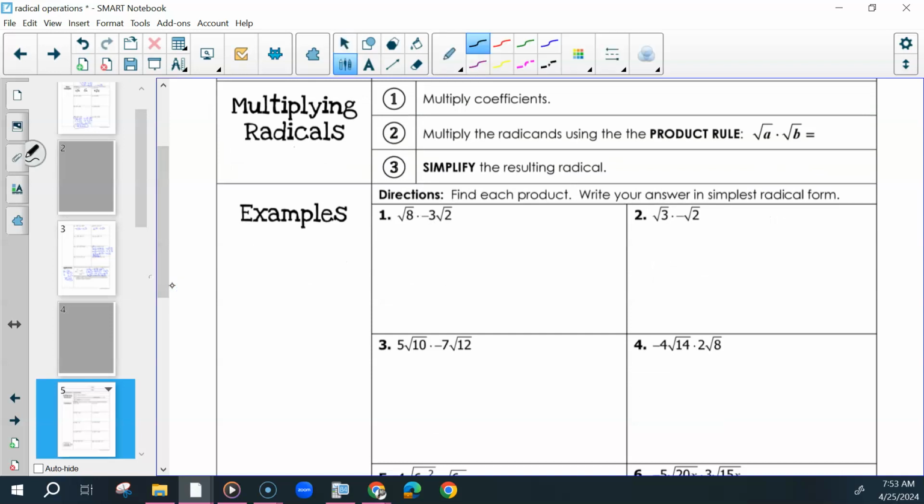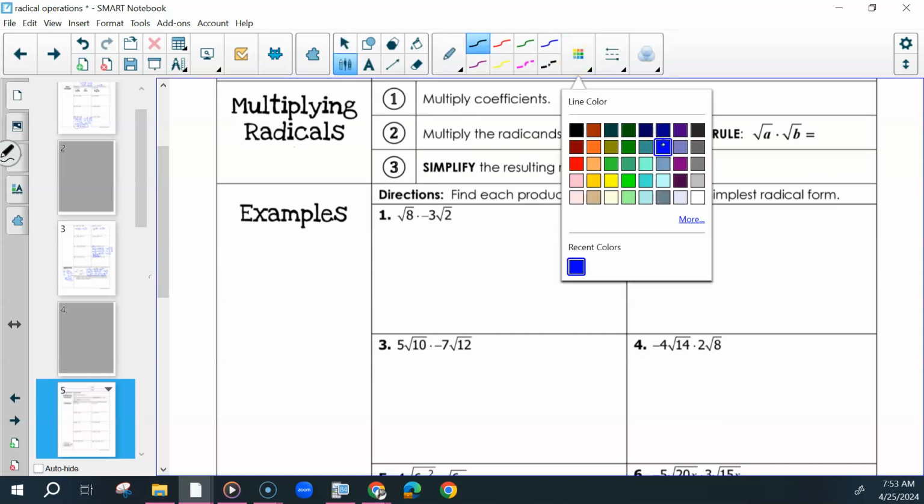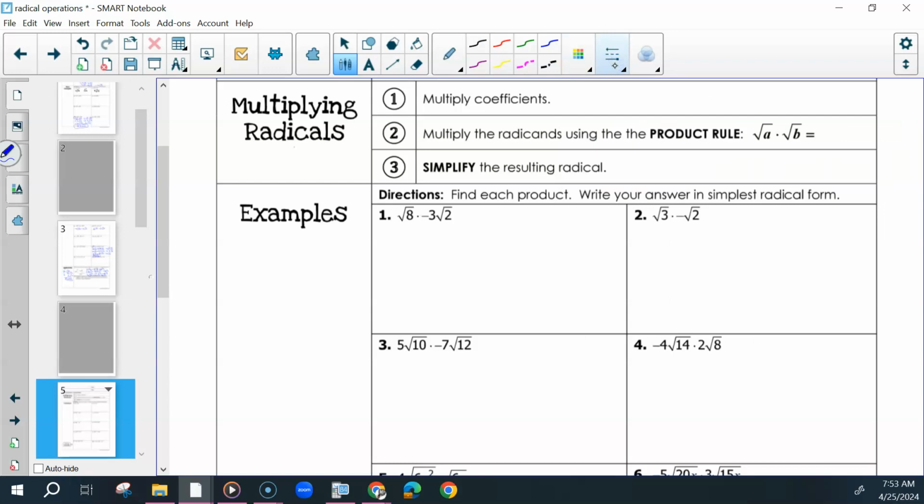So for this one, just like our x's, our exponents, there's an invisible 1 here if you don't see anything. So I would multiply 1 and -3, and I would multiply 8 and 2 underneath the radical. And then if I could simplify it underneath the radical, do that.